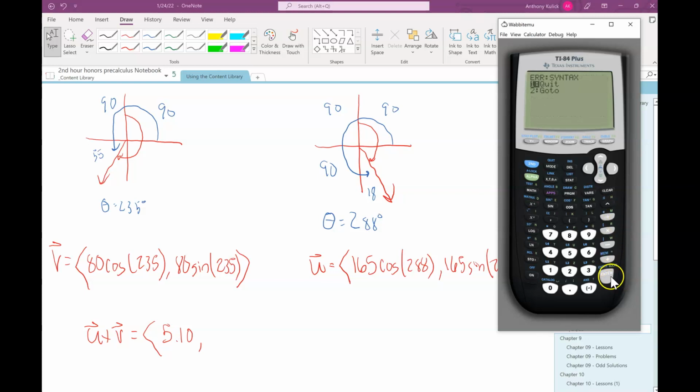Uh-oh. Oh no. Oh, I see I have an extra parenthesis in there. There we go. So that's negative 222.46.